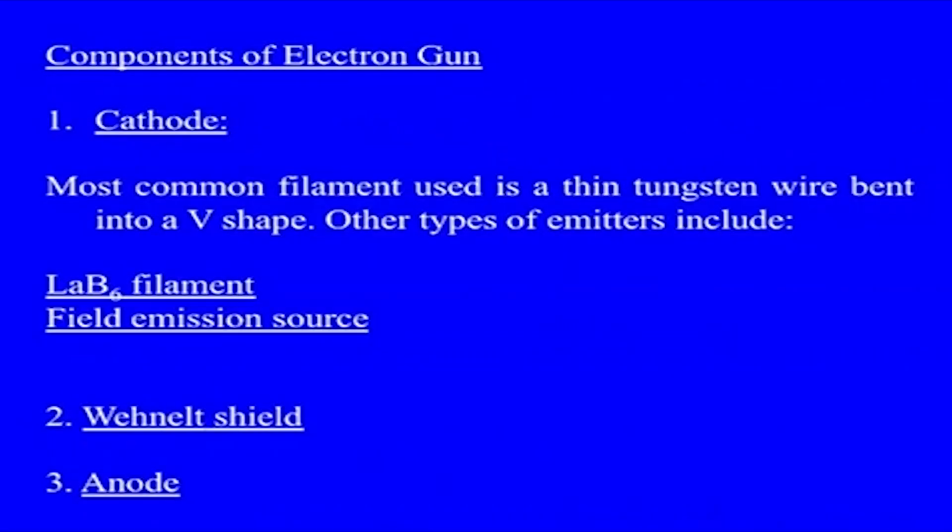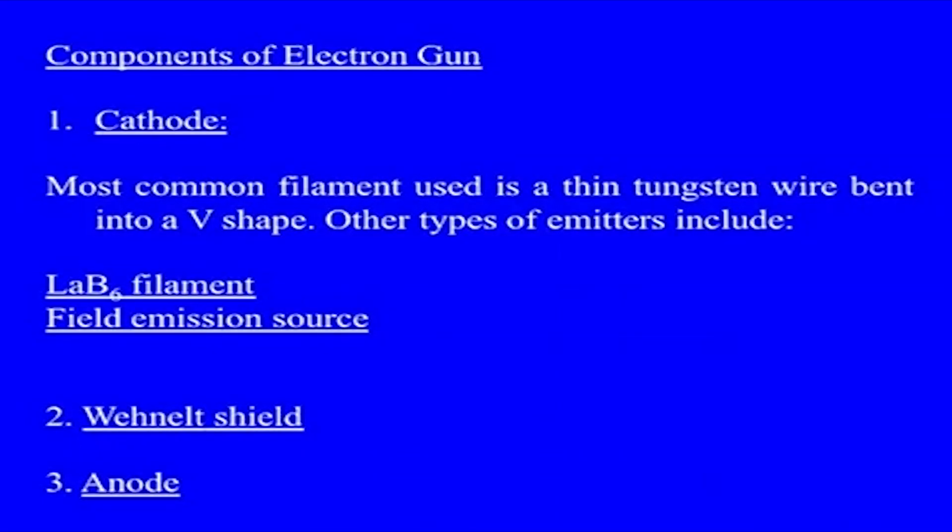Now, let us see what an electron gun is. The different components of an electron gun include one cathode. The cathode is also called the emission source or filament, and this is maintained at a negative potential difference to the anode, almost 50 to 100 kilovolts negative. The most common filament used is a thin tungsten wire bent into a V shape.